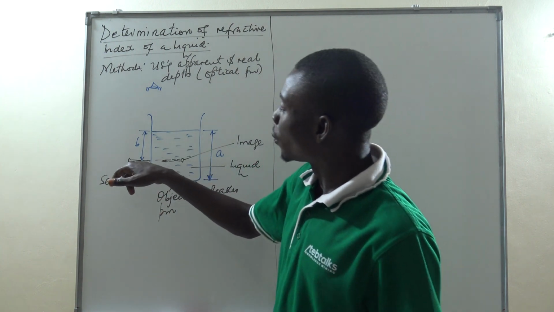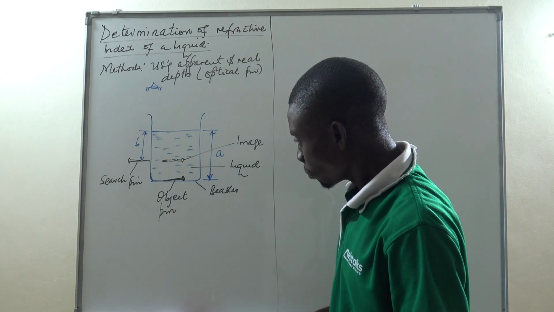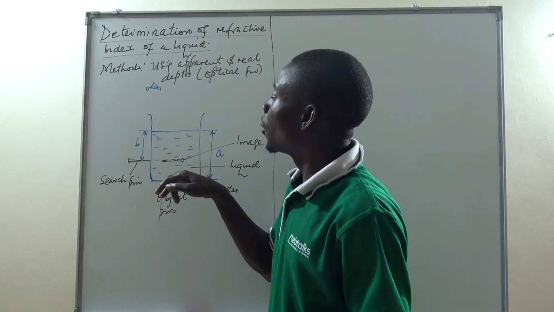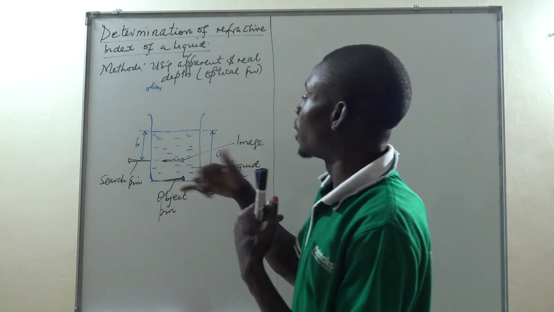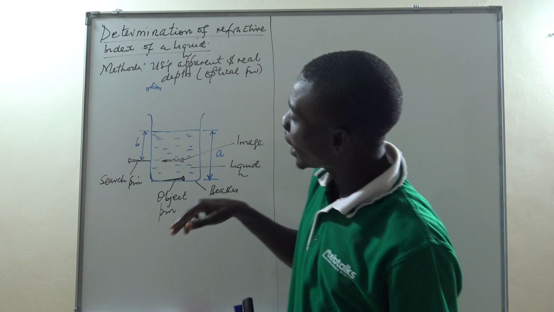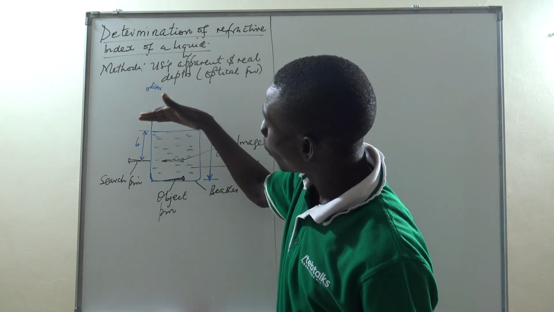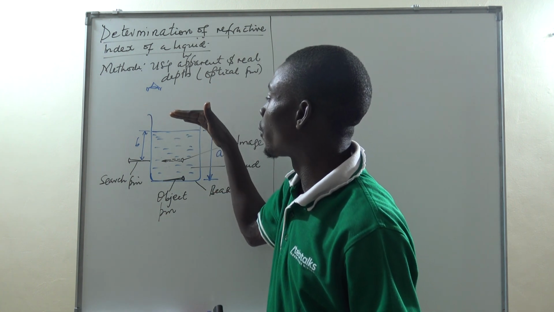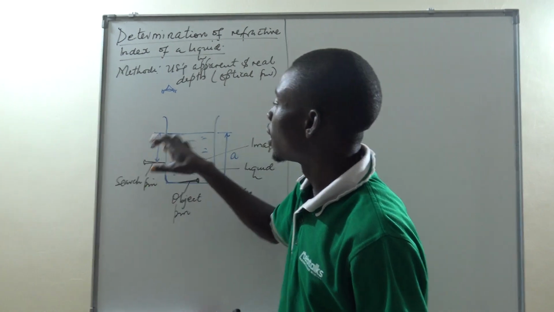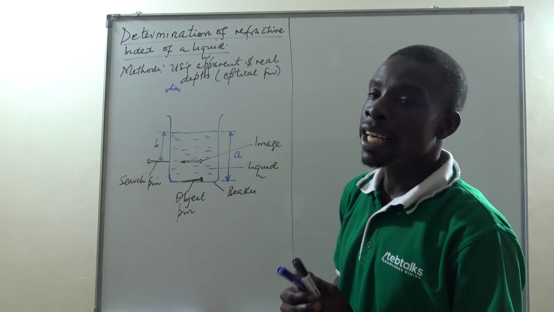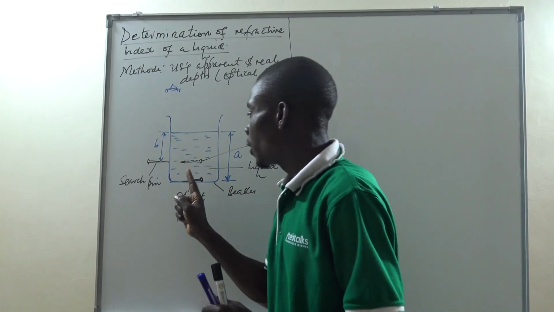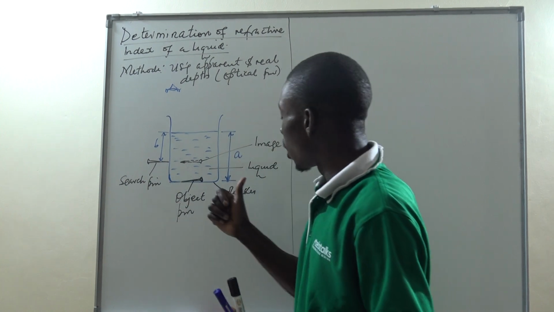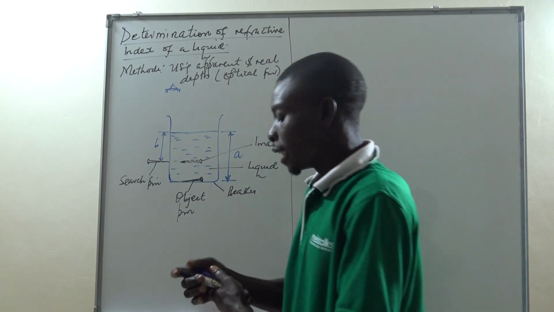So if you have moved this one here outside, and now you have seen that it's really coinciding with the image of this, then measure the height from the surface of the liquid to where the search pin is, note it as B. And then we shall say that refractive index is given by real over apparent depth.